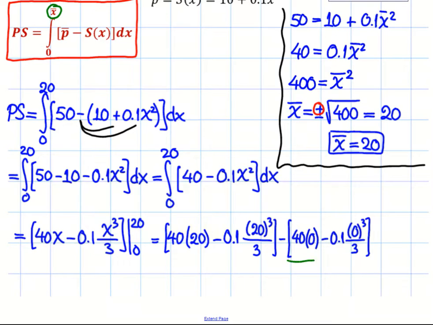This equals 0 because x equals 0. So we just evaluate the first part of the bracket.